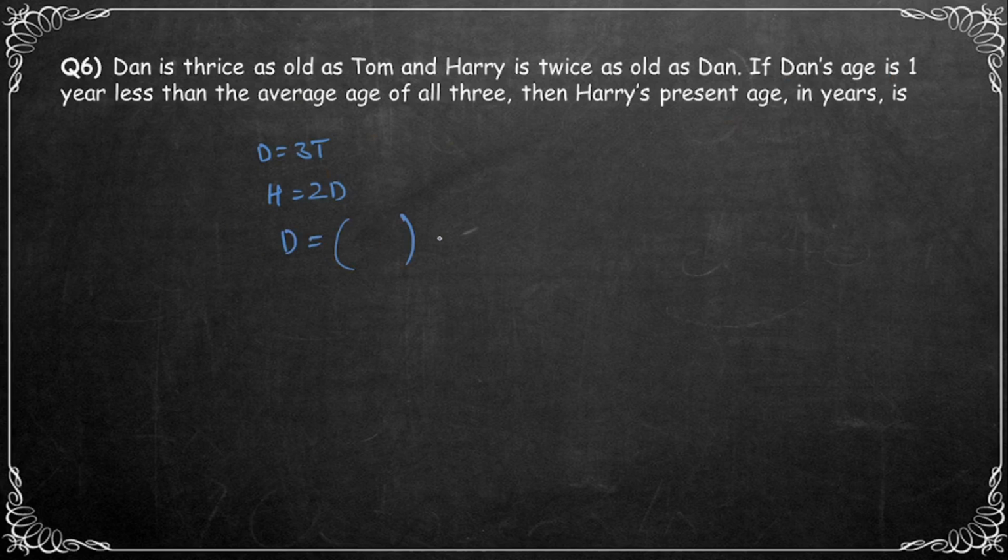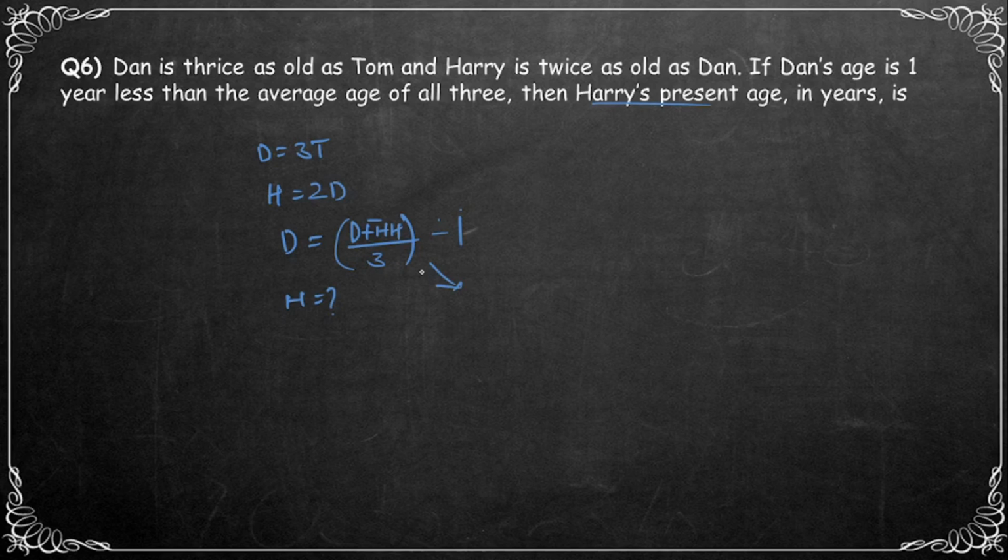That means if we take the average and subtract 1. The average is the sum, d plus t plus h, divided by the number of people, which is 3. They are asking for Harry's present age, h is equal to question mark.